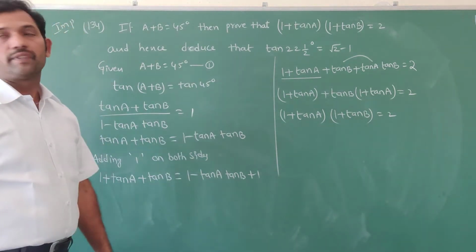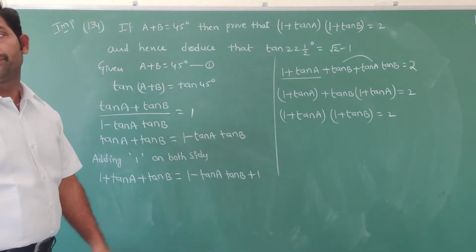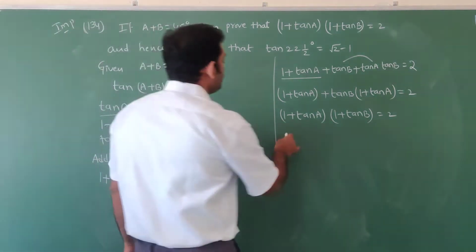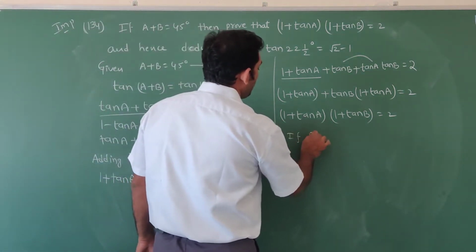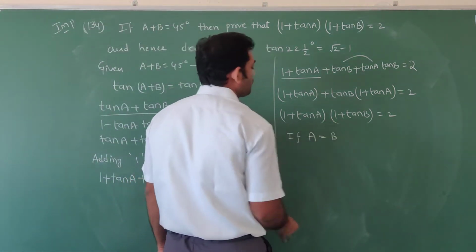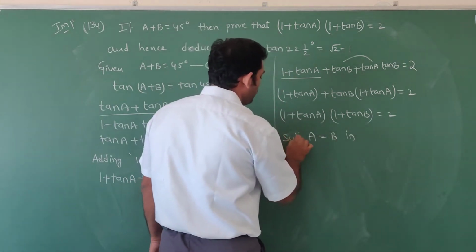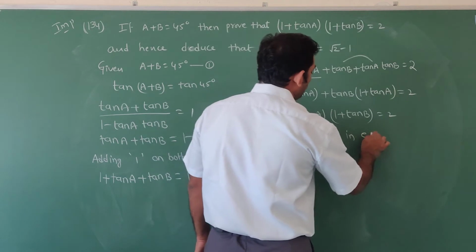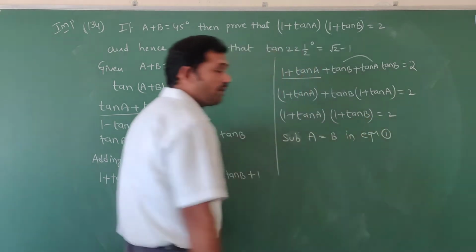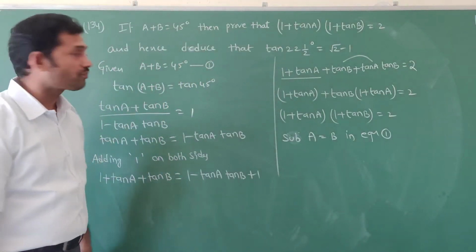And next one. Take condition number 1. If A is equal to B, substitute A equal to B in equation number 1. What happens?